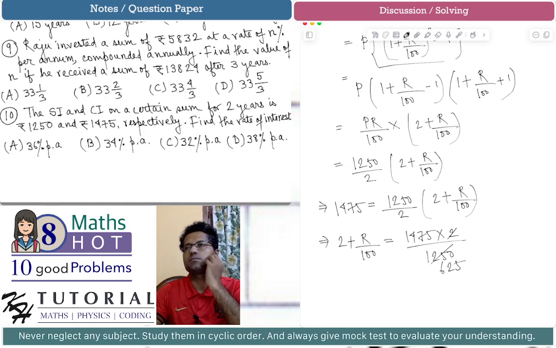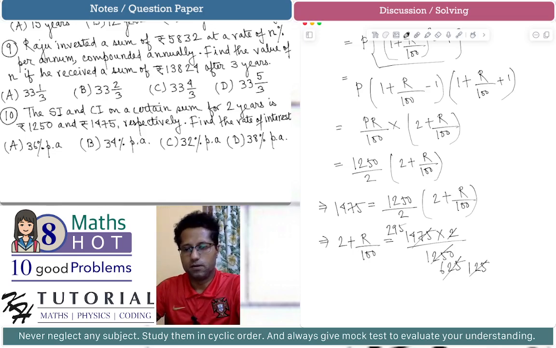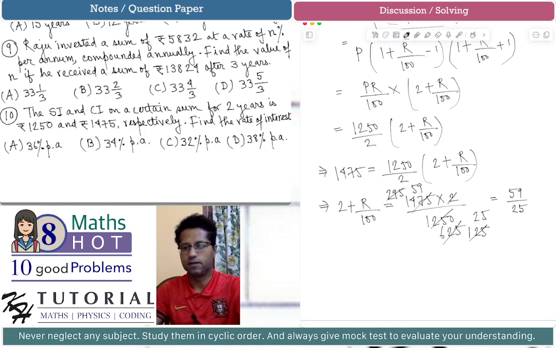Let's divide by 5. So this is equal to 59 by 25. So 2 plus R by 100 is equal to 59 by 25.